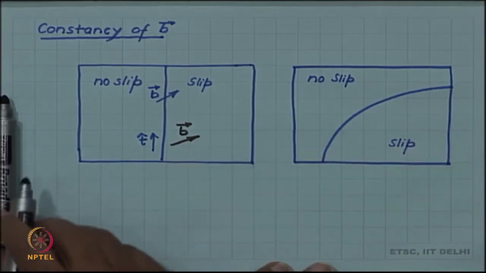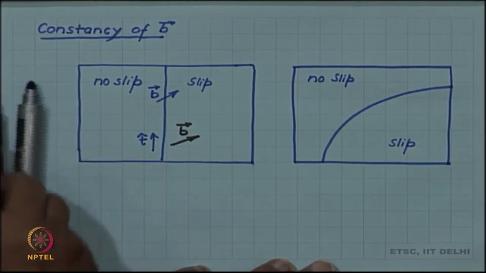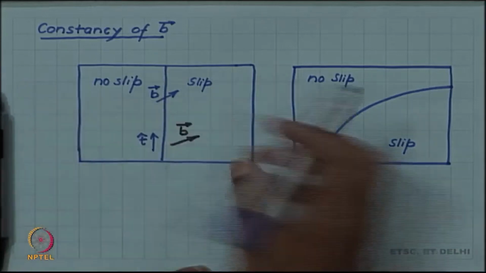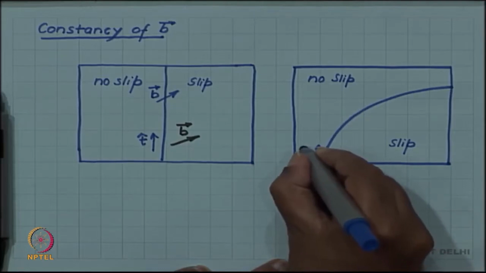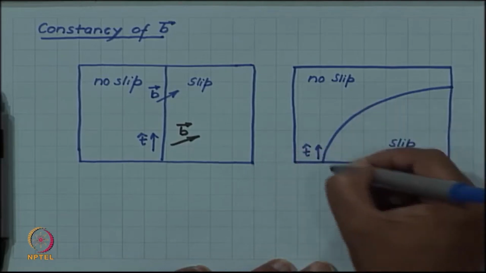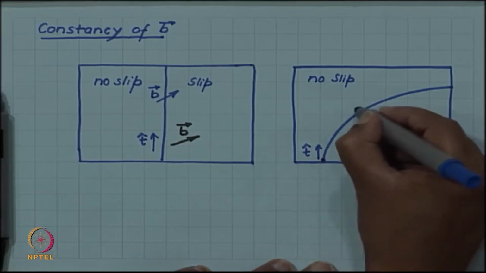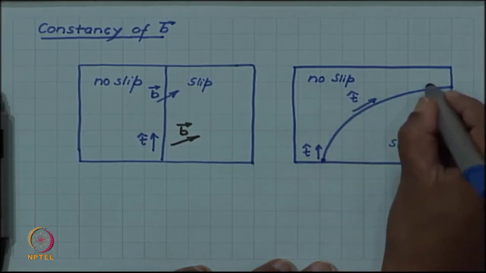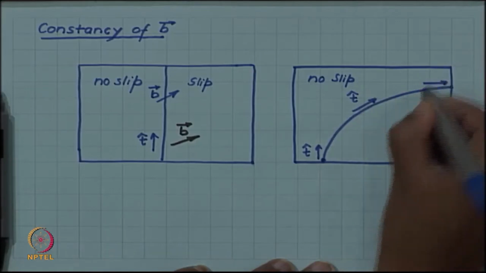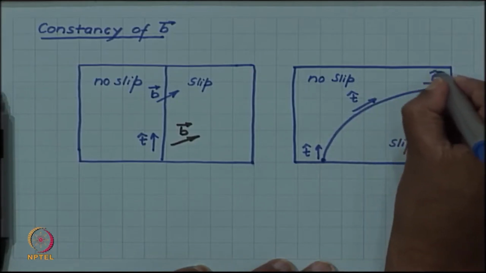In this case, the t vector will be changing along the dislocation line. A t vector at this point will be tangent to the dislocation line at this point, whereas the t vector at this point will change its direction, and a t vector here will be in this direction.